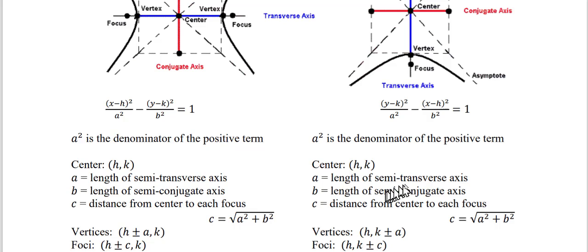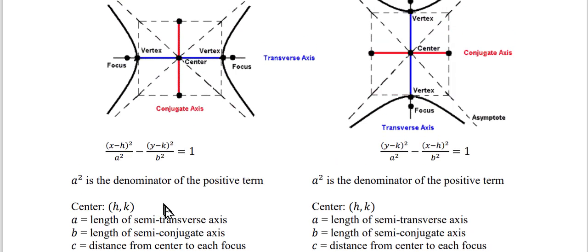Length of the semi-transverse axis: semi-transverse means we're talking about half of that. So the a here in both of these situations is this distance, or here it's this distance. b would be the length of the semi-conjugate axis, which is half of it.